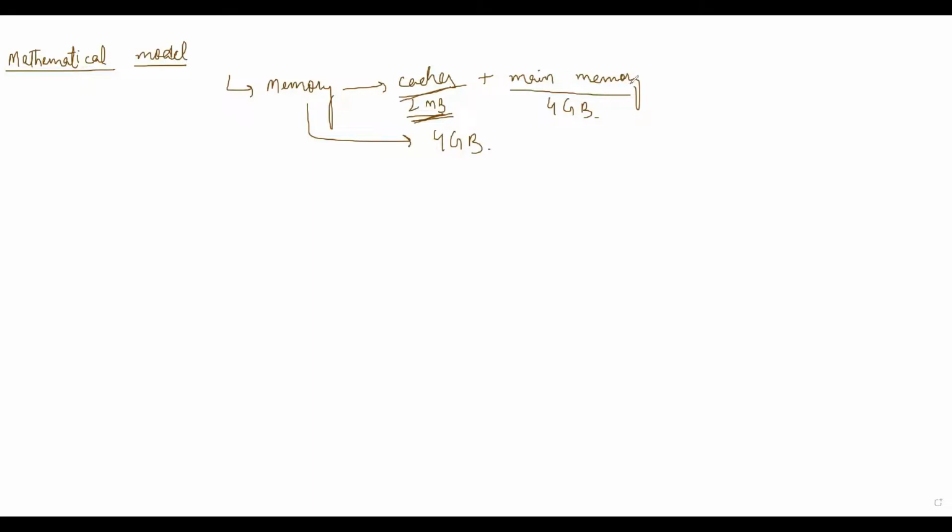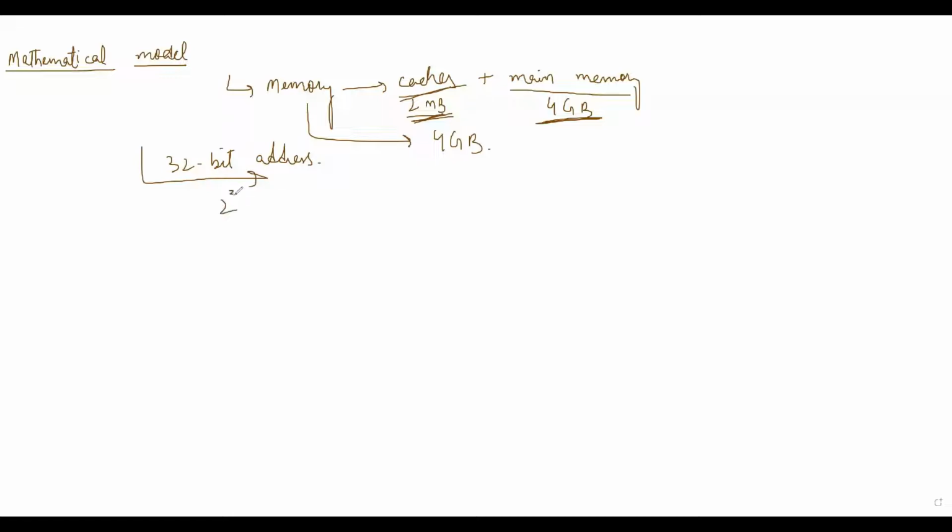Moreover, if we have a main memory of 4 GB, let's suppose our processor is generating a 32-bit address. We know that each byte has an address.